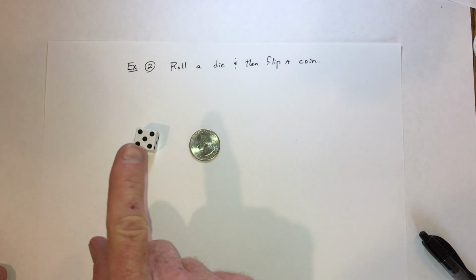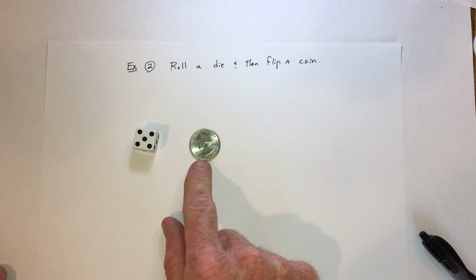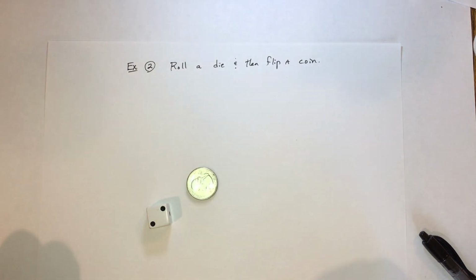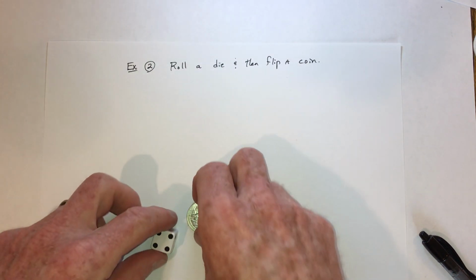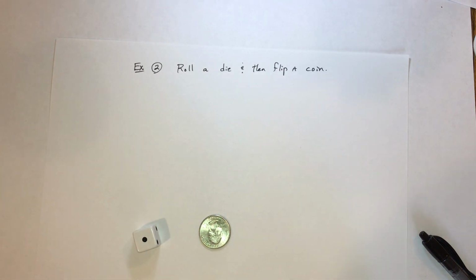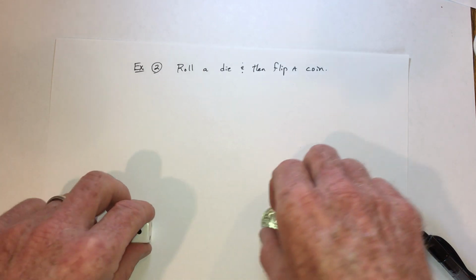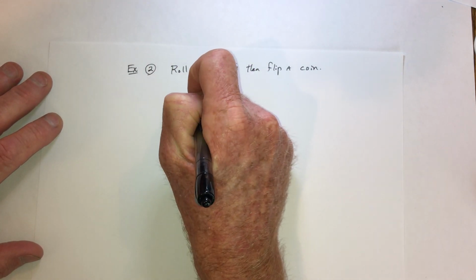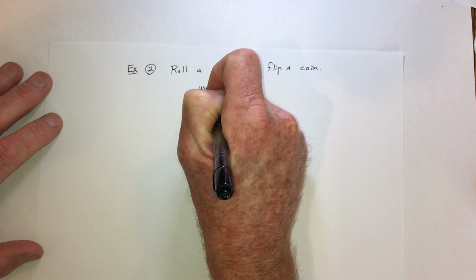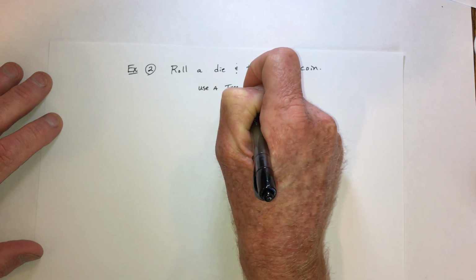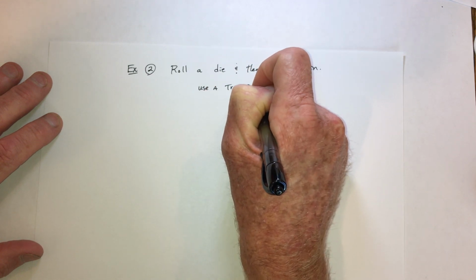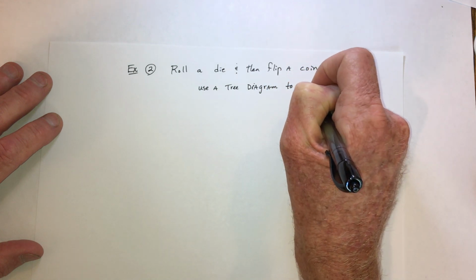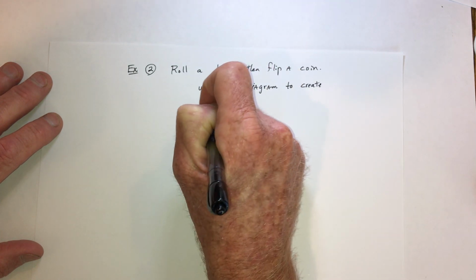Heads. So I got 5 and then heads. Well, what are all of the possibilities? So 2 in heads, 4 in tails, a 1 and heads, etc. So use a tree diagram to create the sample space.